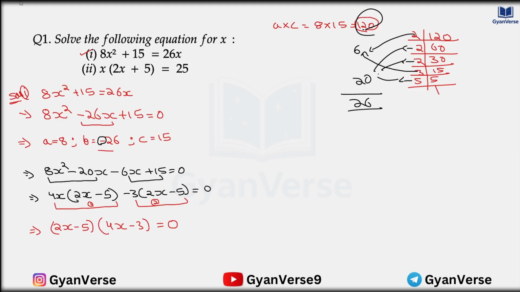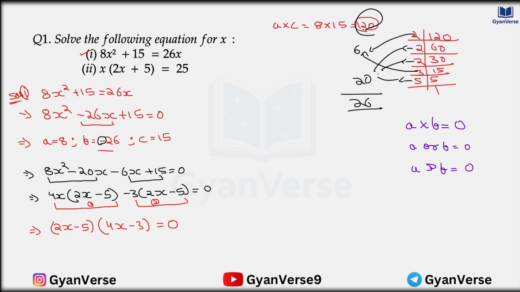Zero product rule means that if you have two numbers A and B, and you multiply both of them, and the product is equal to 0, then it means that either A or B is 0, or A and B both are 0.